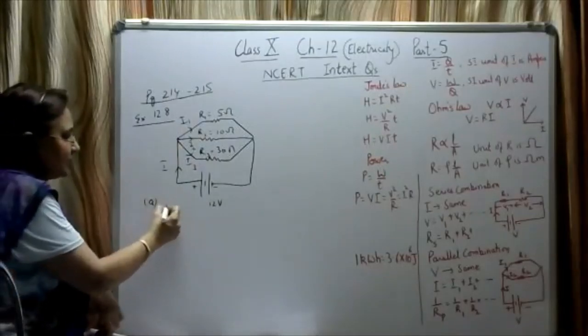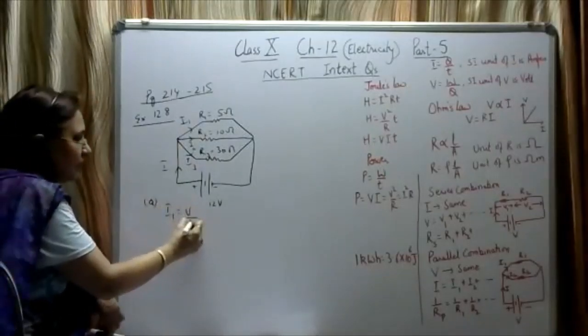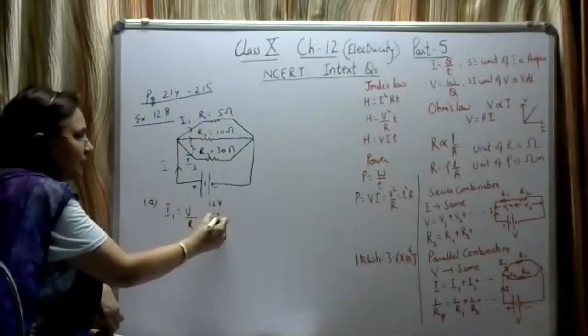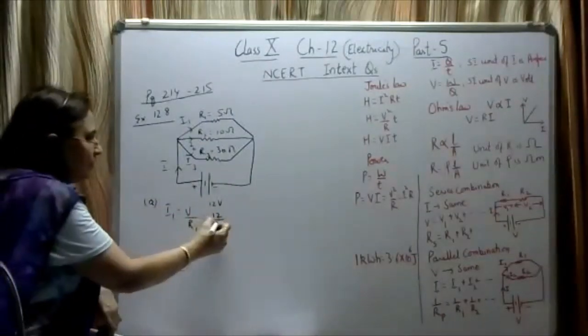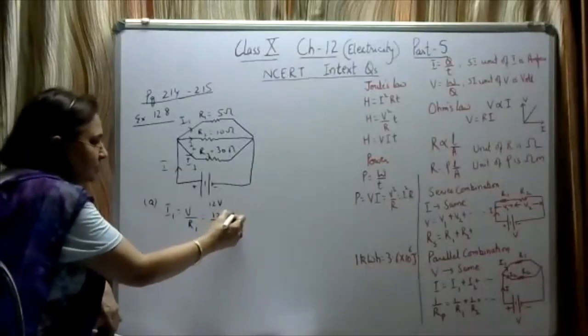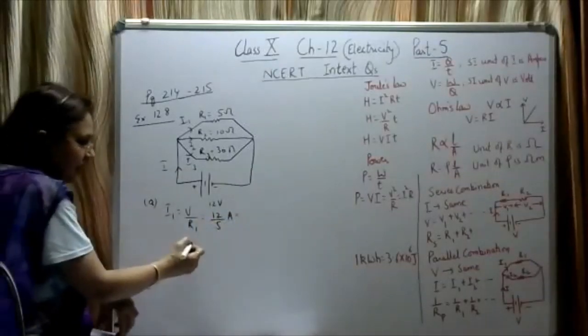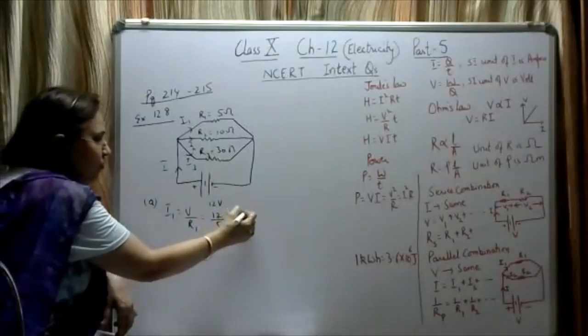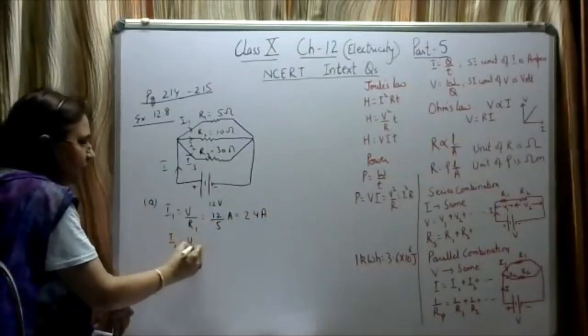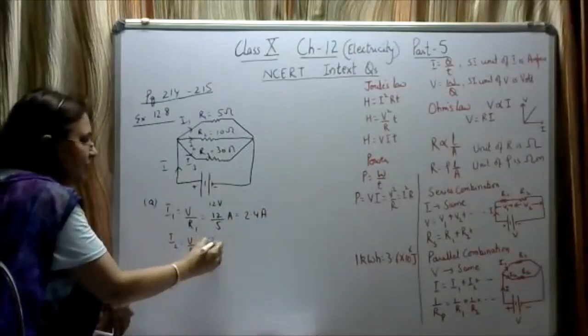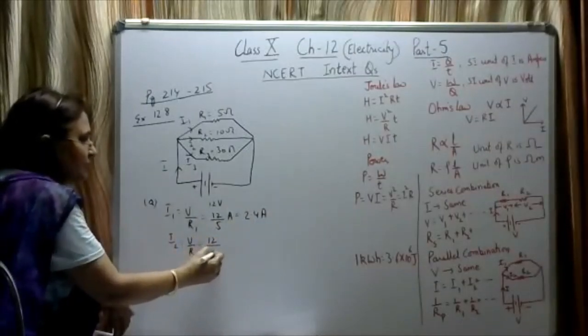So I1 is equal to V upon R1. Each one is getting a potential difference of 12 volt, so 12 upon 5 amperes, which in decimals is equal to 2.4 amperes. I2 is equal to V upon R2. V is 12 volts and R2 is 10 ohms.